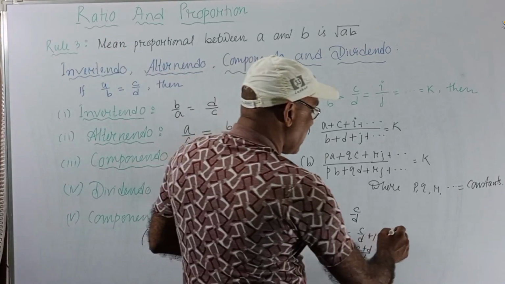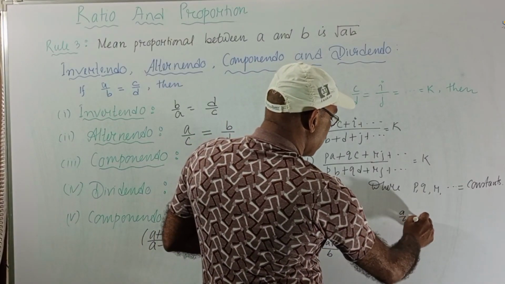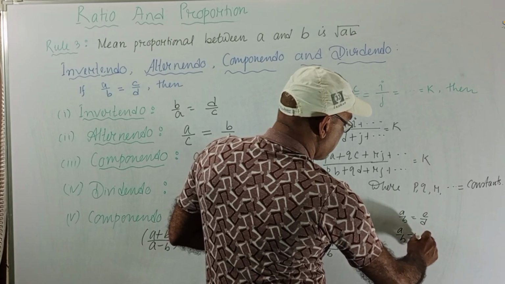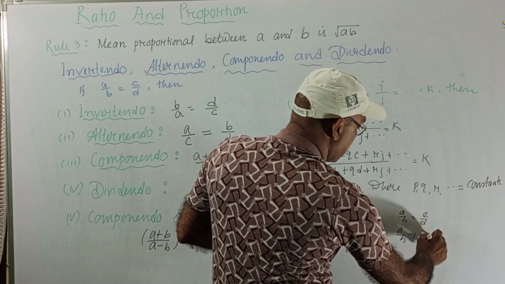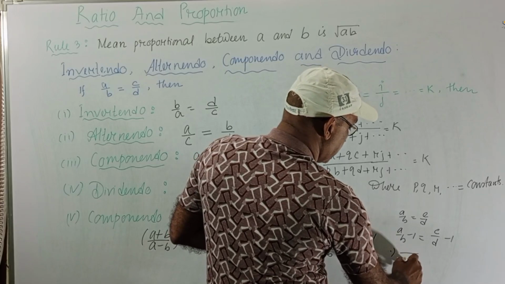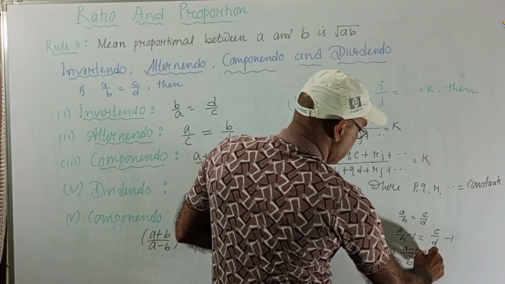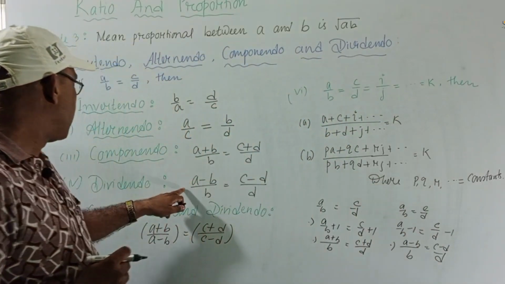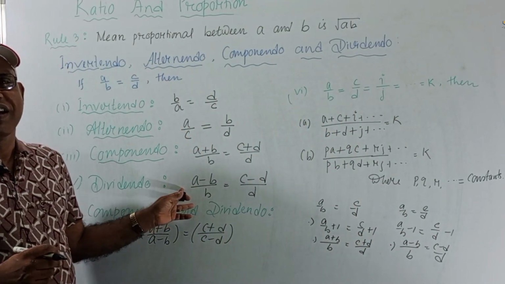Next we consider dividendo. Dividendo means A by B equal to C by D. We subtract 1 from A by B and subtract 1 from C by D. Then we get B's LCM, A minus B by B, C minus D by D. This is called dividendo.